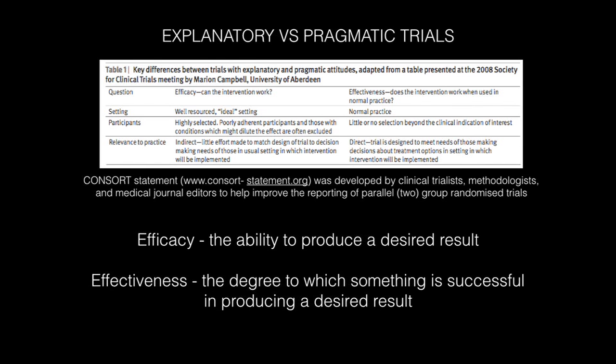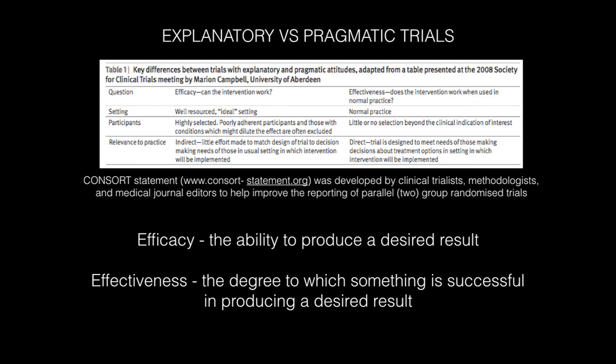Explanatory trials versus pragmatic trials. Explanatory trials ask the question of efficacy: might the intervention work? They recruit patients in well-resourced, ideal settings. They're highly selected, and they get rid of poorly adherent people and people with multiple problems, so it's not that relevant to clinical practice, as opposed to pragmatic trials, which happen out here.